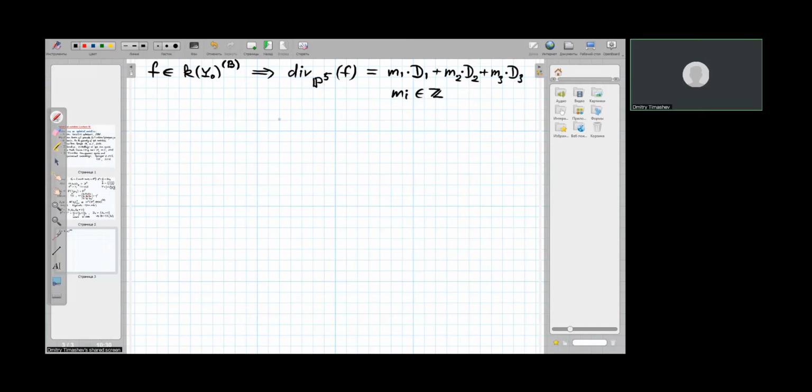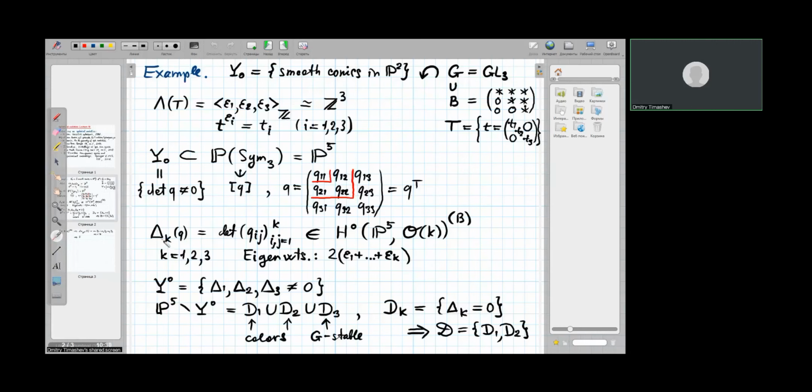And this in turn implies that our function f, a rational function on a projective space, is determined by its divisor up to a multiple. So we can cook up such a function with this divisor from these homogeneous polynomials delta k.